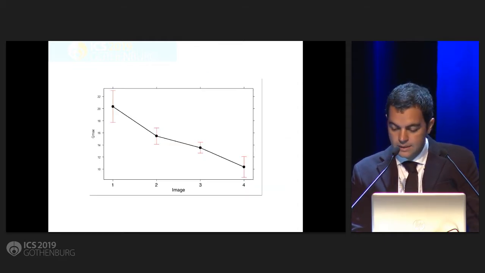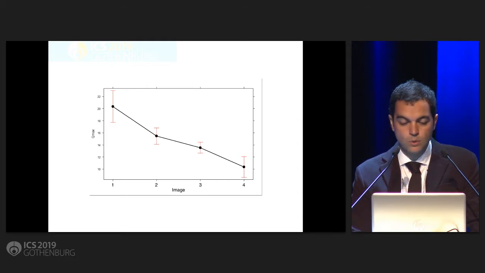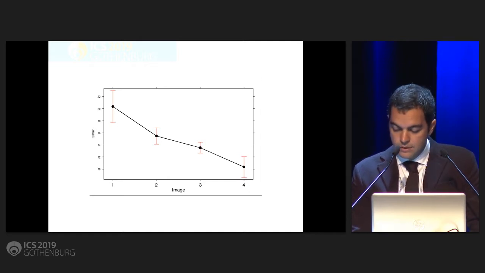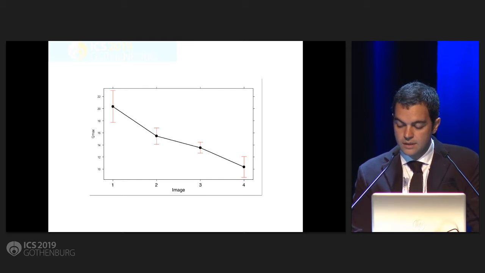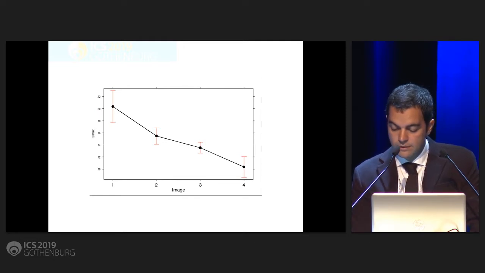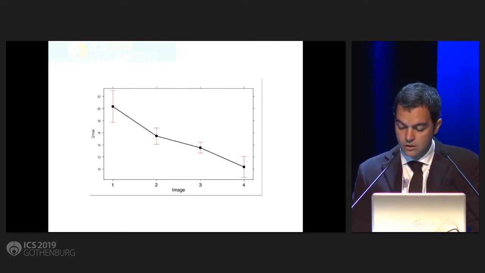Mean value of the Qmax was 20.4 milliliters per second for image 1, 15.5 milliliters per second for image 2, 13.5 milliliters per second for image 3, and 10.4 milliliters per second for image 4. A linear regression model was performed to calculate the confidence intervals for the Qmax of each image.